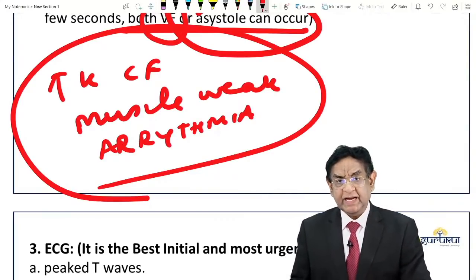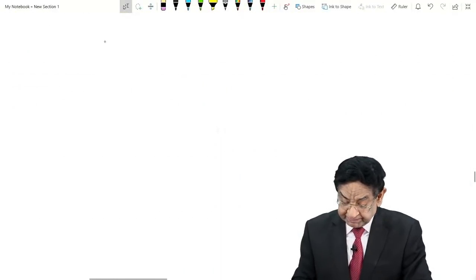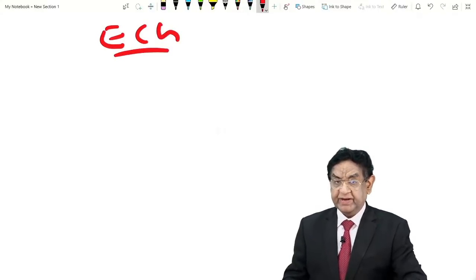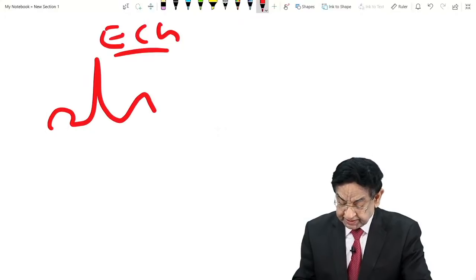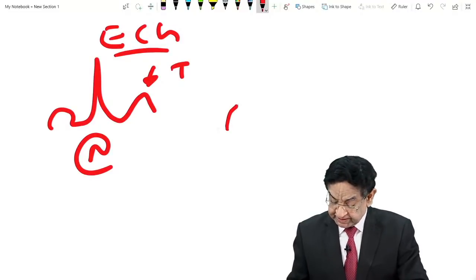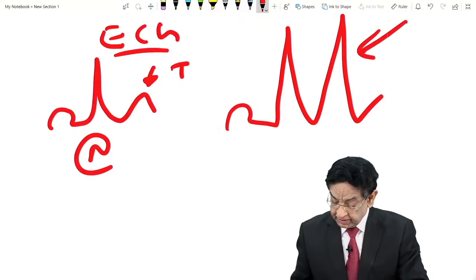Now let us see what happens in the ECG findings. Let me show you the ECG findings. This again is very, very important. This is a normal recording. Normal, this is the T wave. Normal recording. When hyperkalemia occurs, the first thing is a tall T wave. Tall T wave.